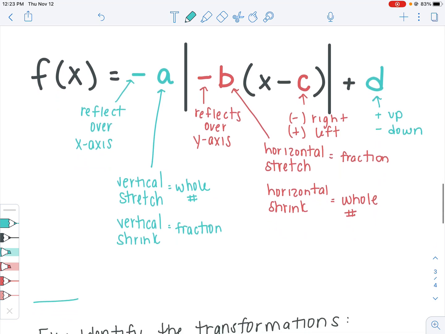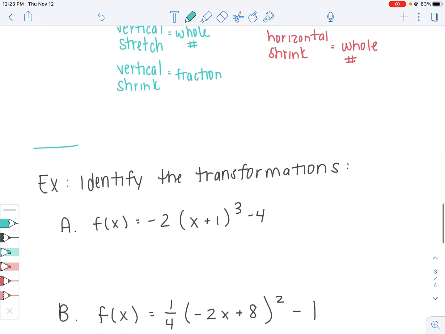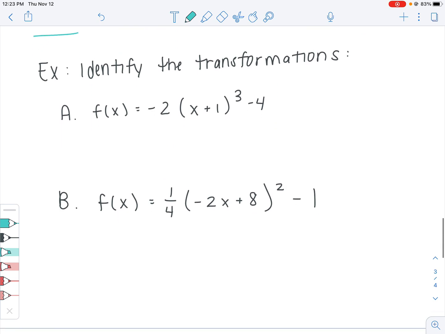So for example, if I look at f of x equals negative 2x plus 3 all cubed minus 4, and it wants to know what's happening. The first thing I'm going to do is I look and I see, okay, I have a negative outside. This negative outside tells me it reflects over the x-axis. This 2 is multiplying outside.